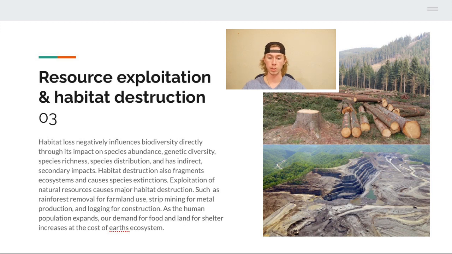I included 2 images, one of the logging and one of the strip mining that I talk about in the slide. Cutting down forests like this removes a lot of tree species, and it also removes the habitat that other animals and insects and other wildlife use to live. And if they have nowhere to live, then they die out.